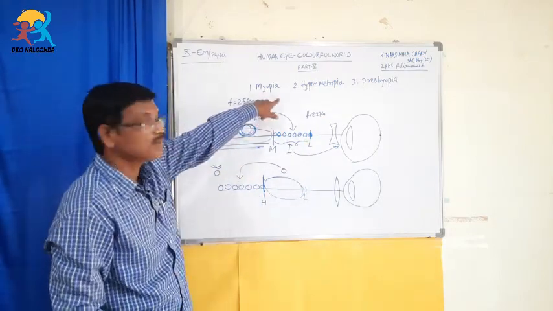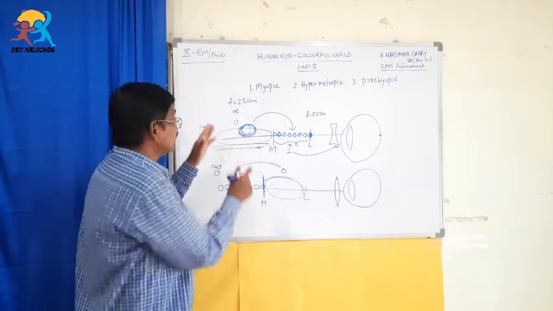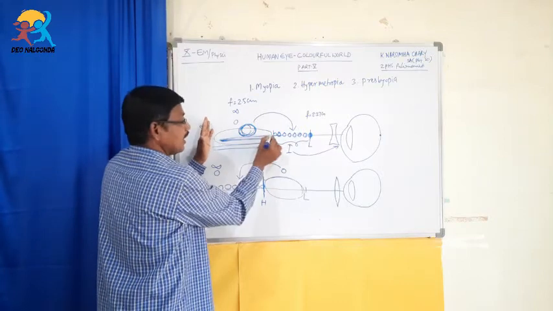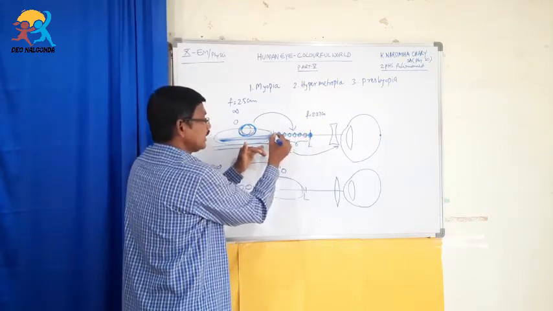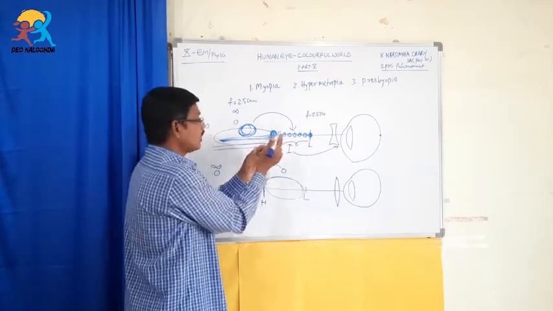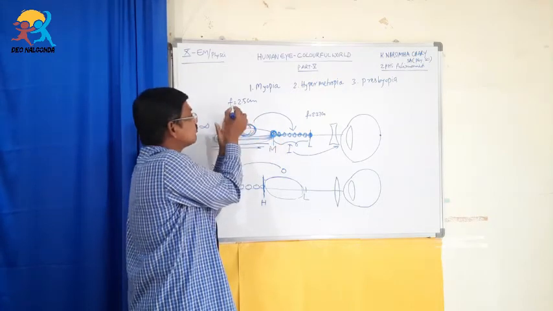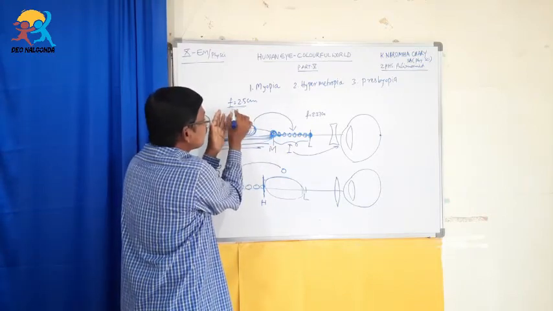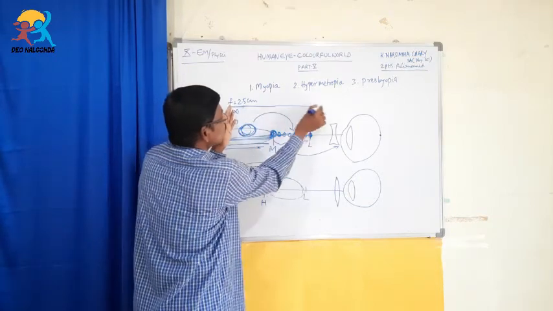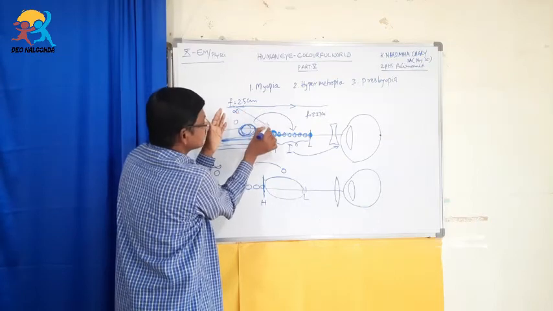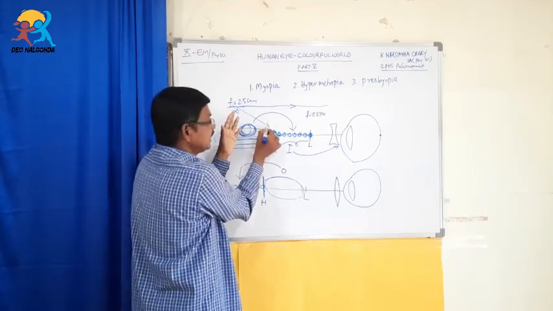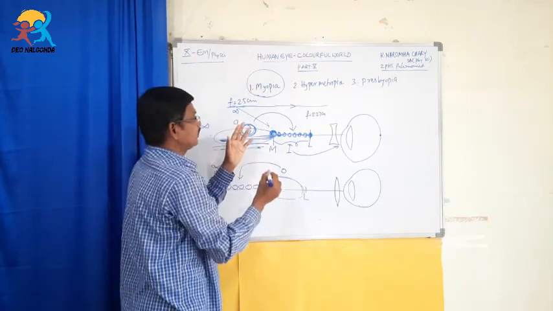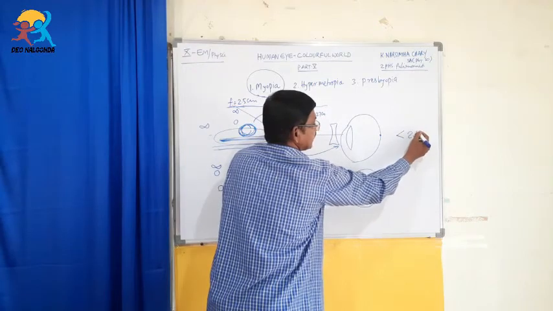And in the case of myopia, see an important point: we are not able to see the objects in the region beyond M, and we can see the objects up to the point M. Now, speaking of this point in terms of focal length, the maximum focal length of the eye lens for myopia people is less than 2.5 centimeters.